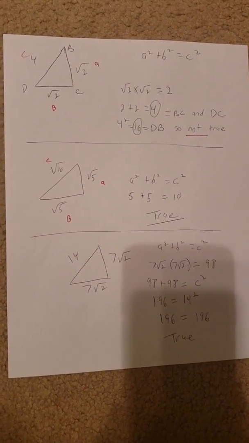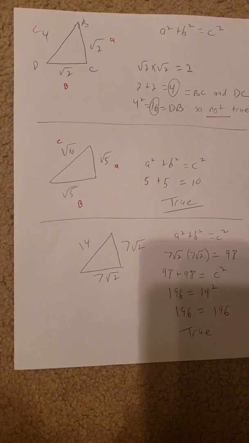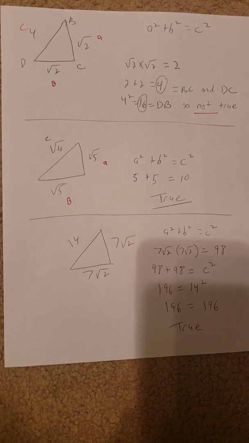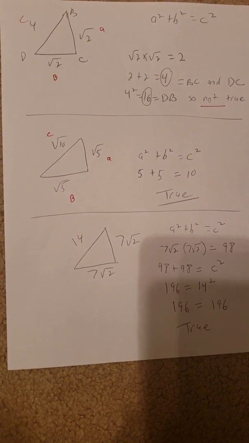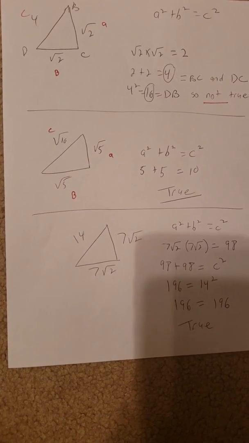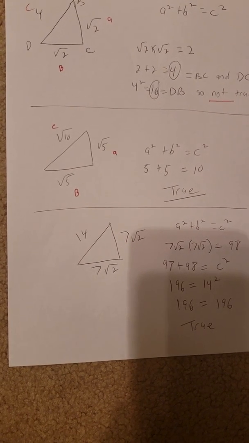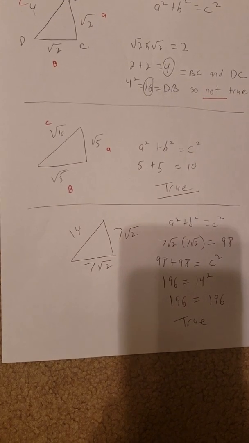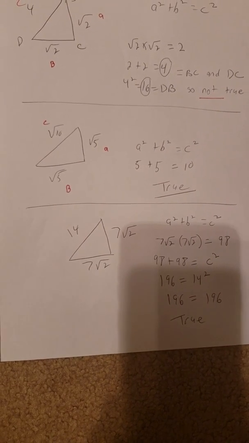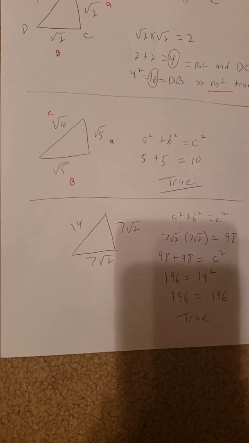For our second problem, it's the same thing as our last problem. We're seeing if the sides are true. So like the last one, we're using a squared plus b squared equals c squared, seeing if they're true. So the square root of 5 squared is equal to 5, and the a side and the b side are both the same.